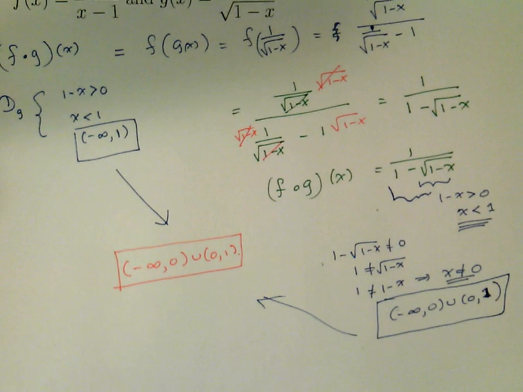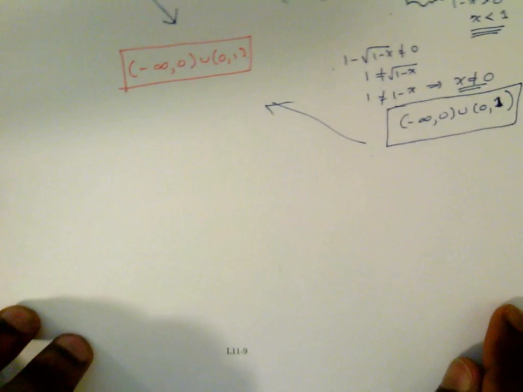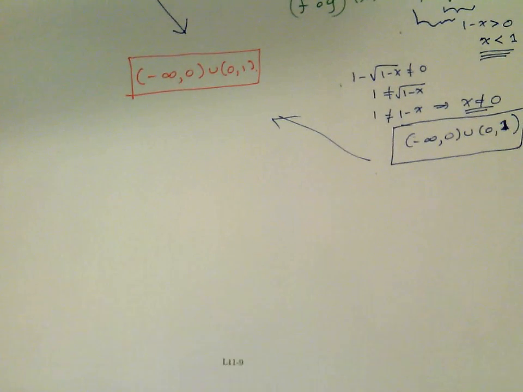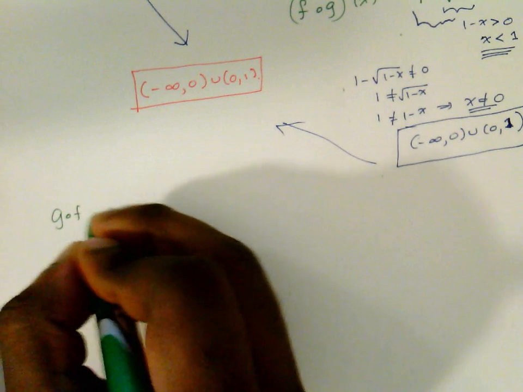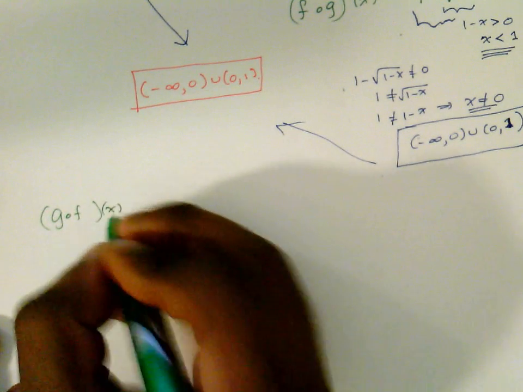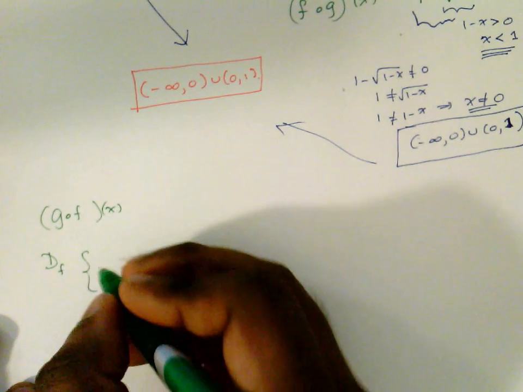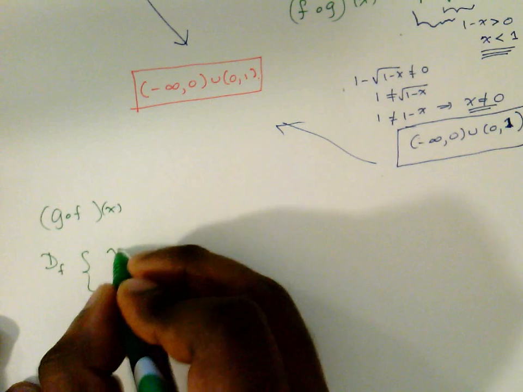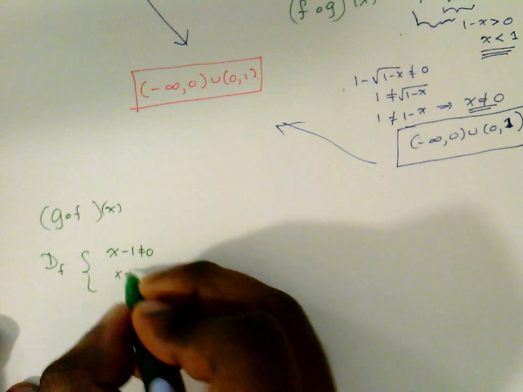Now let's do g of f of x. Now I need the domain of f, because now the inner function is f, and my f was x over x minus 1, so x minus 1 not equals 0, x not equals 1.